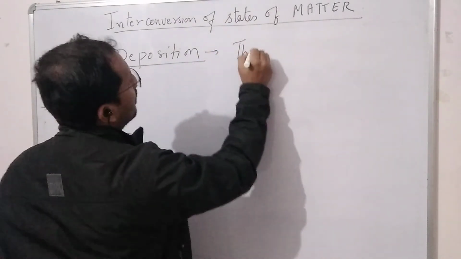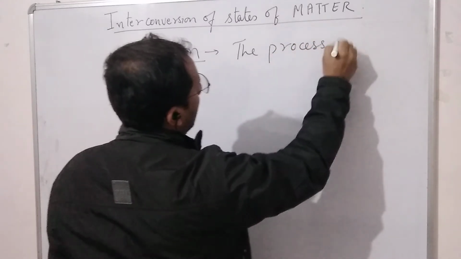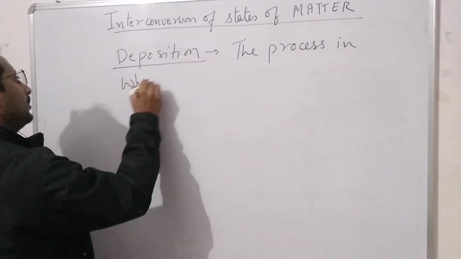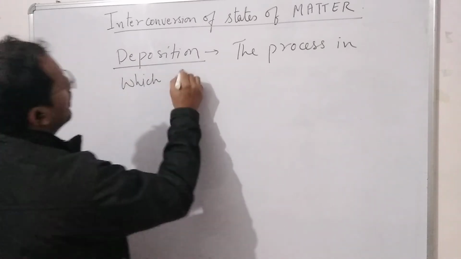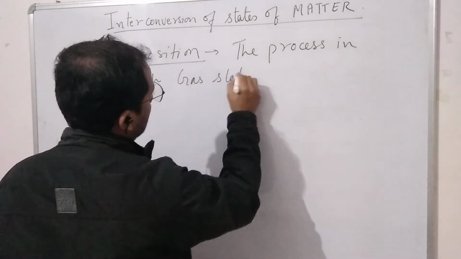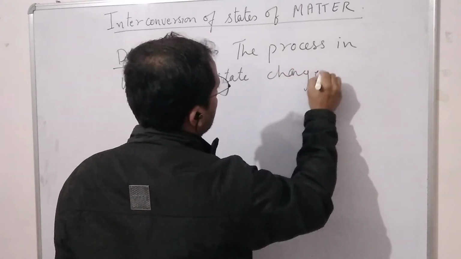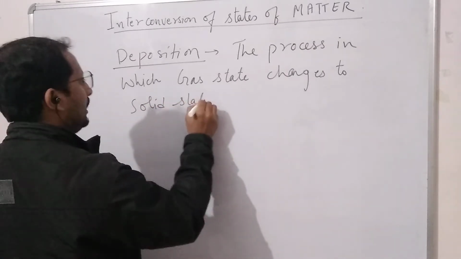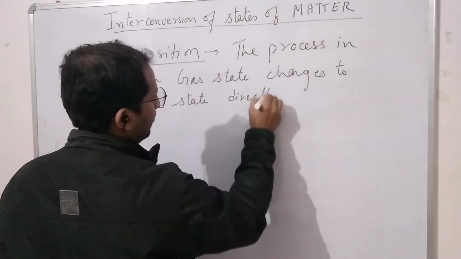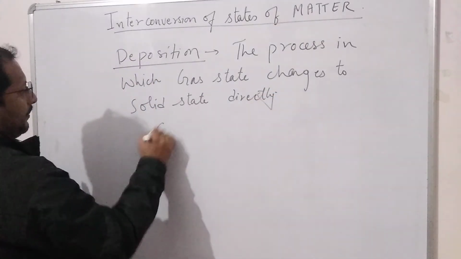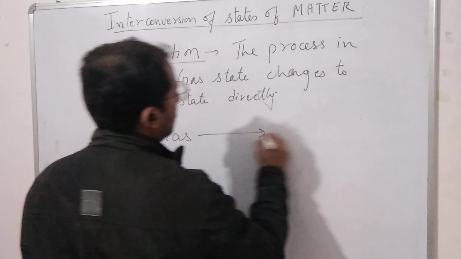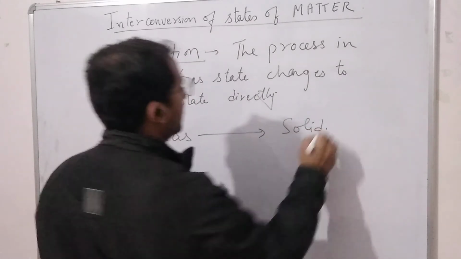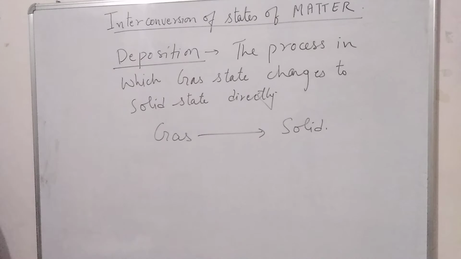This is again the process in which the gaseous state changes to solid state directly. This is known as deposition. Sublimation and deposition are just opposite to each other.